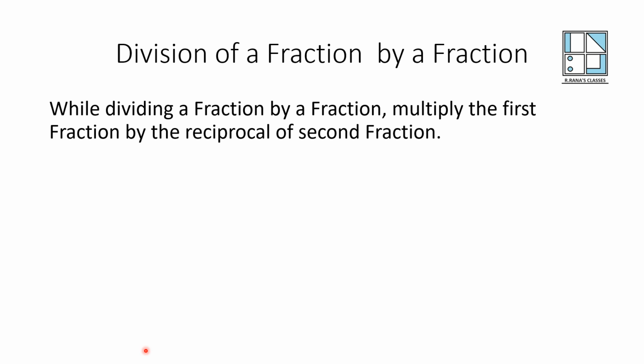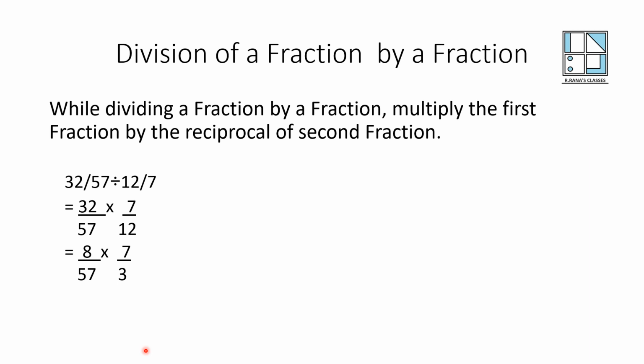For example, in 32 upon 57 divided by 12 upon 7, 32 upon 57 is dividend and 12 upon 7 is divisor. Now multiply 32 upon 57 by the reciprocal of 12 upon 7, which is 7 upon 12.